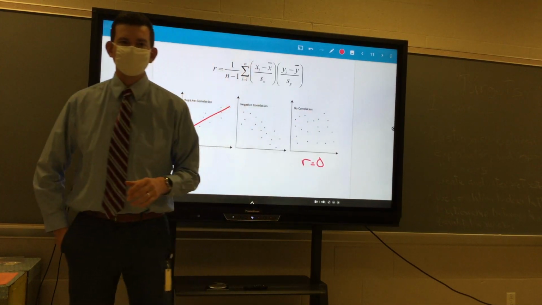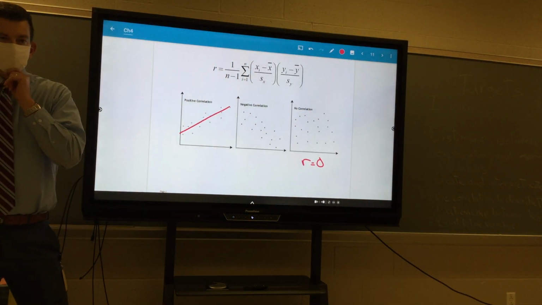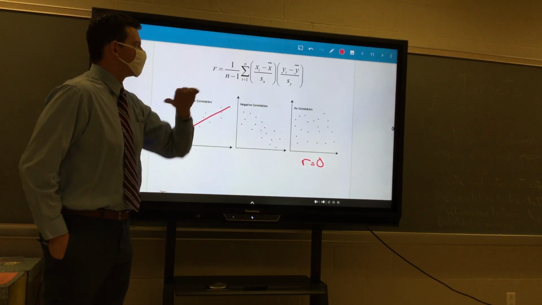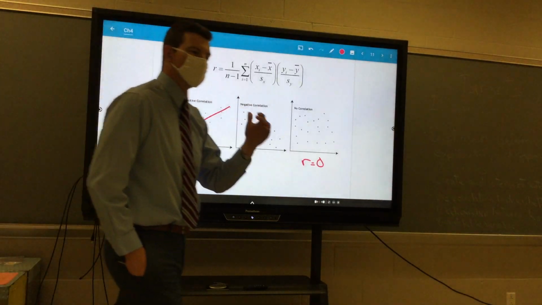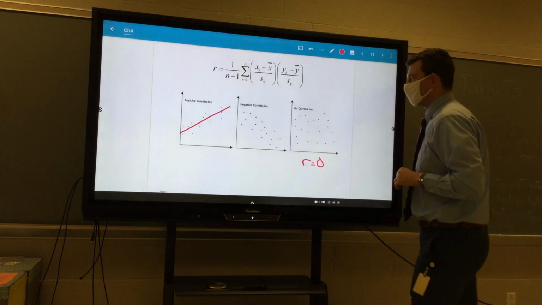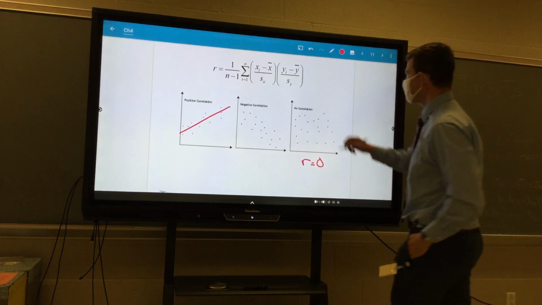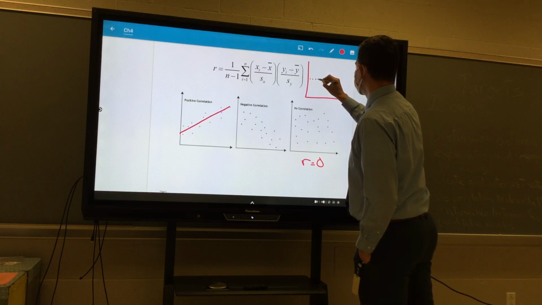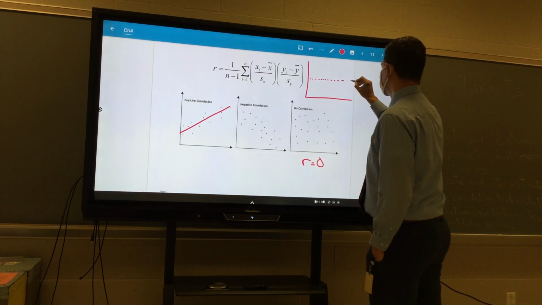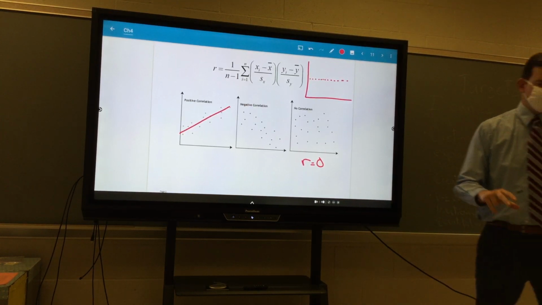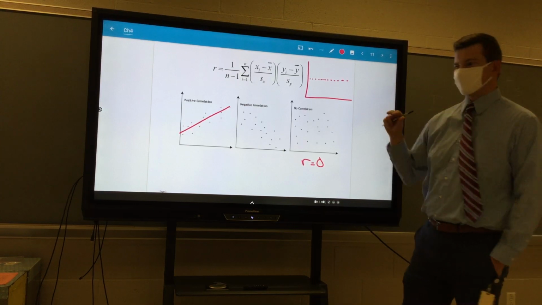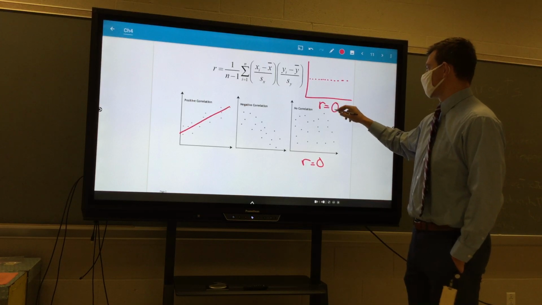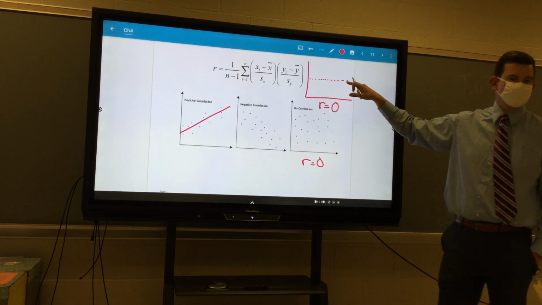There is one other thing that you need to look out for, because we know that whether it's positive or negative, that's going along with the slope of the scatter plot, the line of best fit. It is possible that you would have a scatter plot that looks like this, a perfectly horizontal line, but because horizontal lines have a slope of 0, this would have an R value of 0.